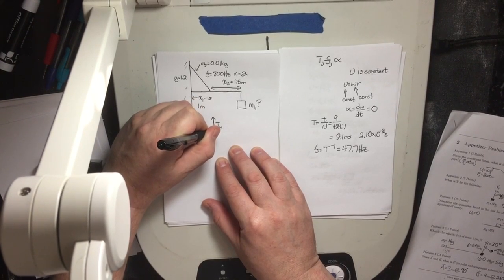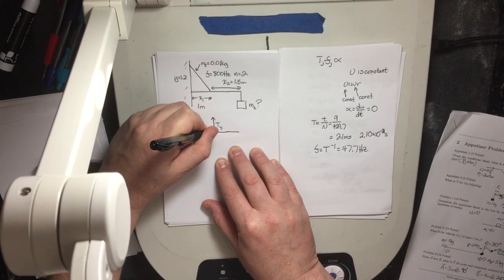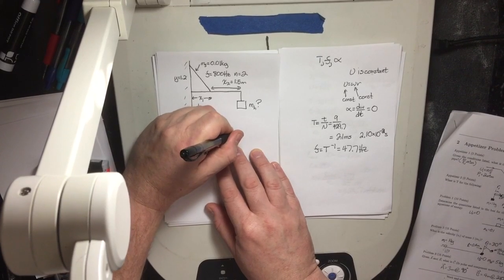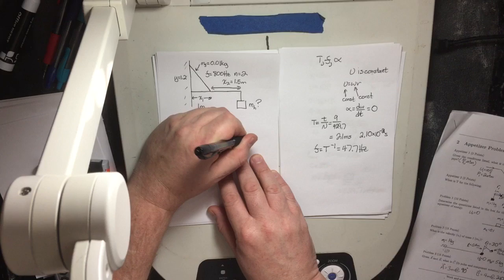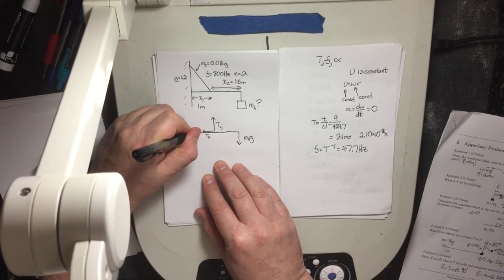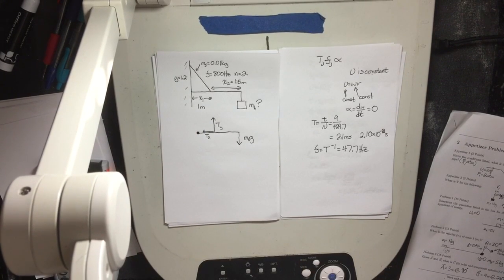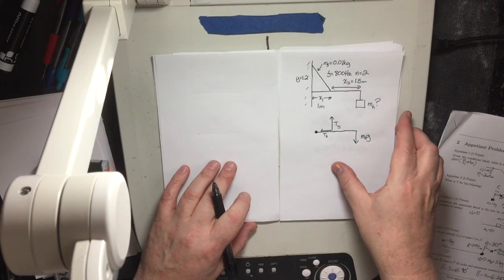There's the tension in the Y. There is the tension in X. There is the hanging mass times gravity down. This is the rotation point. So in a way, we've got this weird torque problem going on. It's also a sound problem.